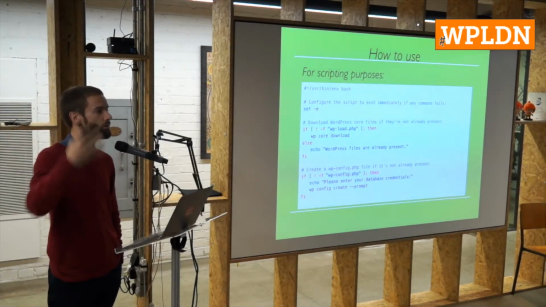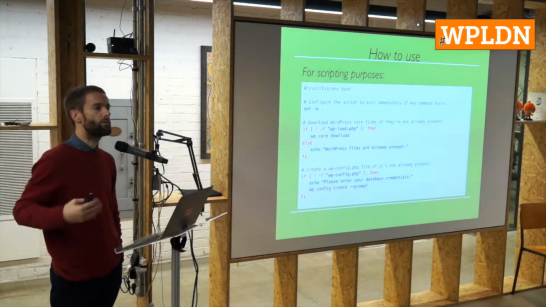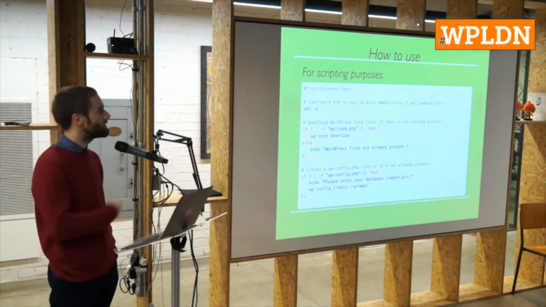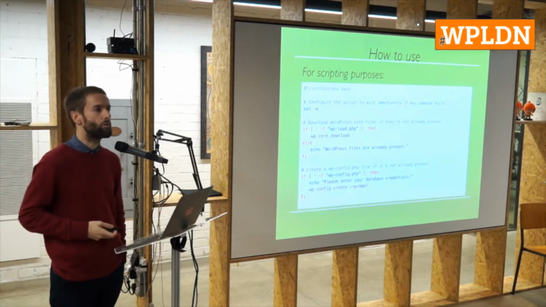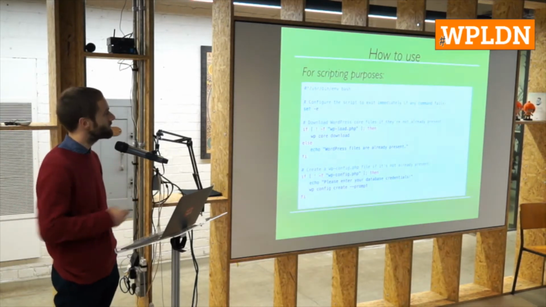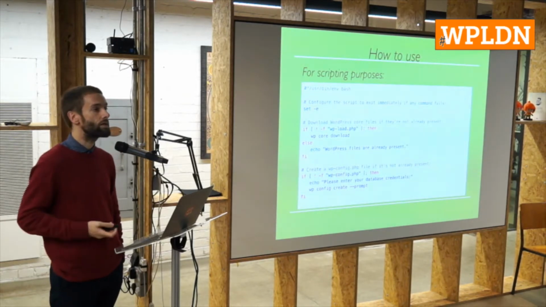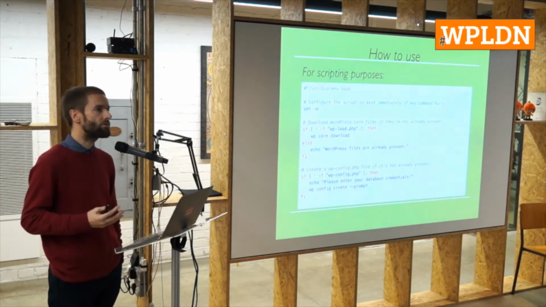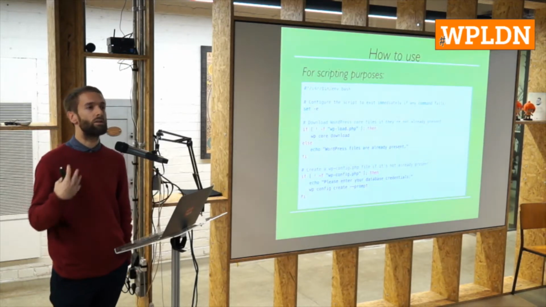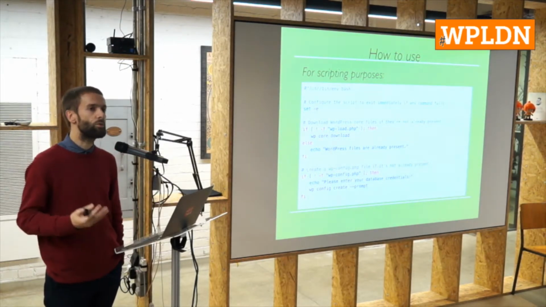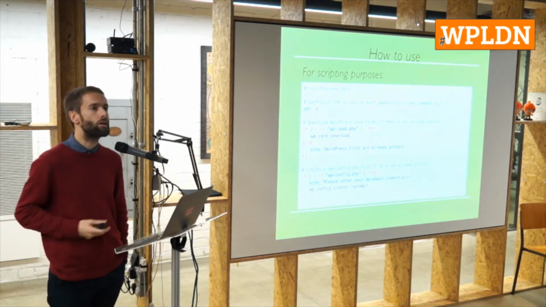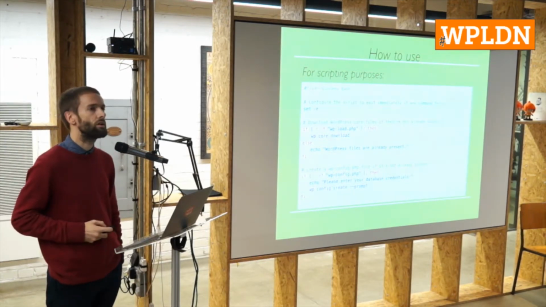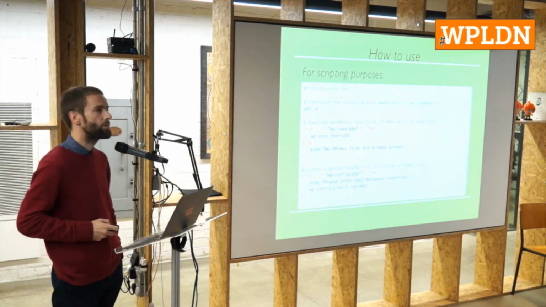You can do all of this through bash commands, which are put together into a script, and then you can use these as part of automation, or you can simply call these scripts if you need to do them repeatedly. A good use case for this script is if you're building websites for clients, you've probably got a standard-ish setup process. You want to download WordPress, install it, maybe put a theme on the site, create a child theme, install some plugins that you always use on all of your client sites. Instead of having to do that through the admin area, you can do that with WP-CLI and a script that looks pretty much like this.